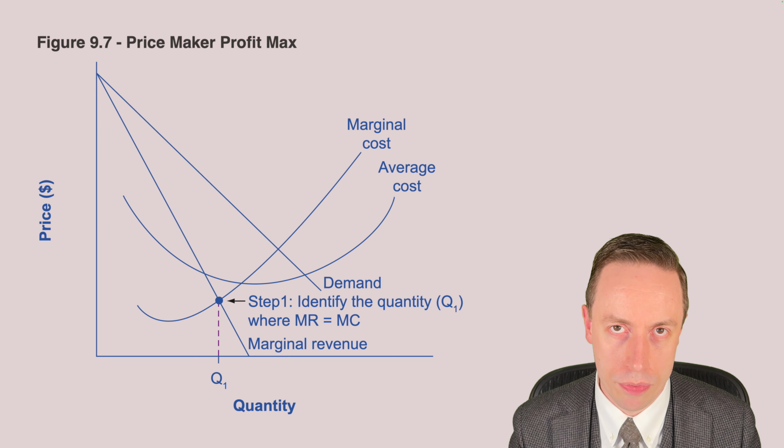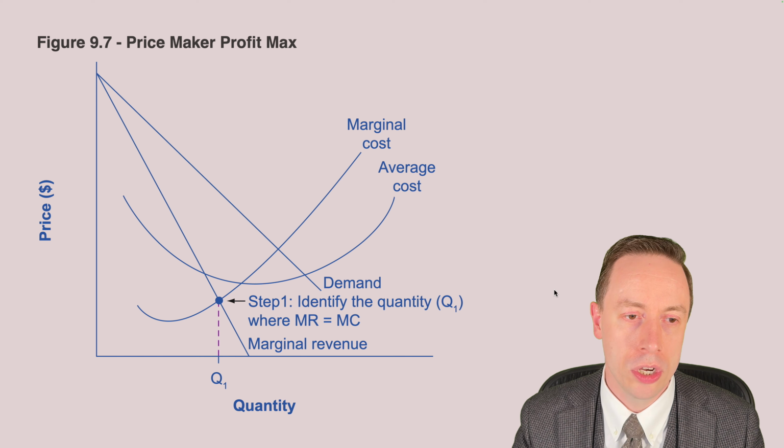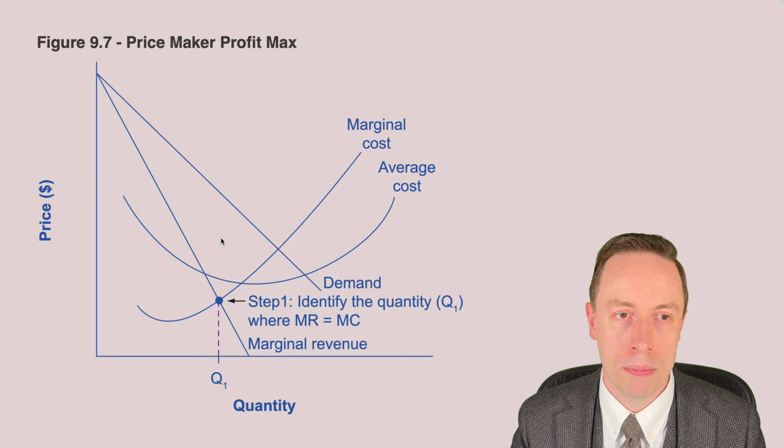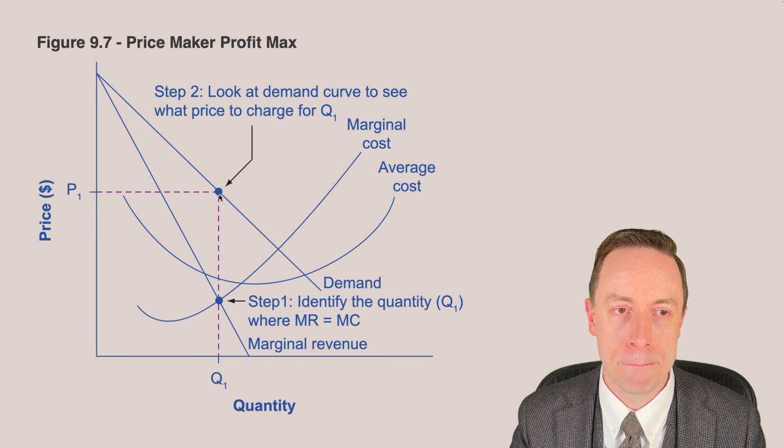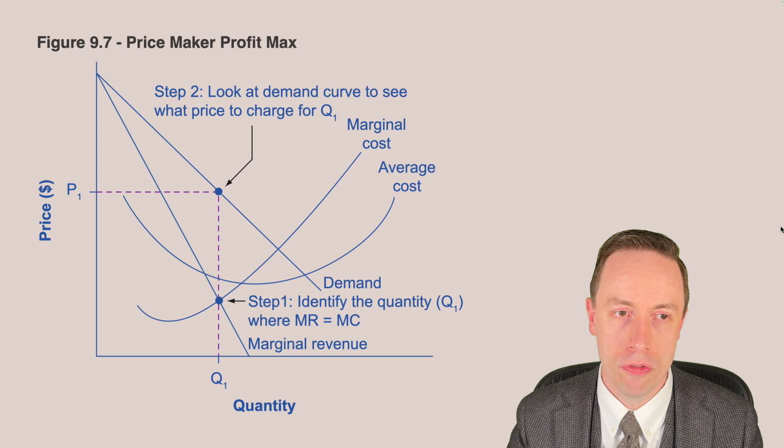And the price, of course, is going to be much higher than marginal revenue. You're going to go all the way up to the demand curve up here. Much higher price than marginal revenue or marginal cost. That's our quantity and price for a profit maximizing monopolist.